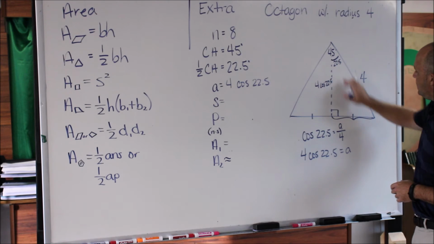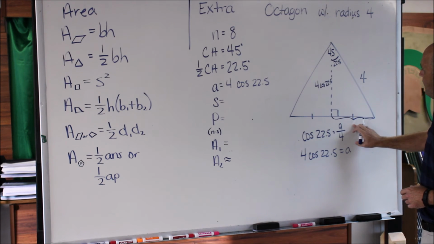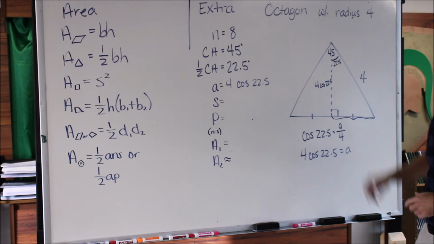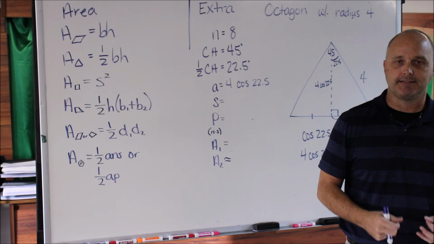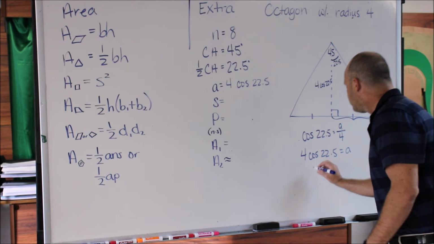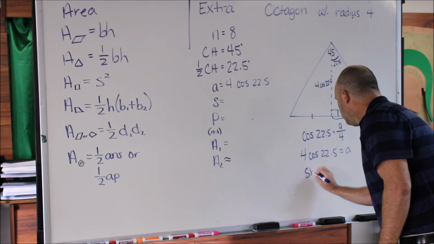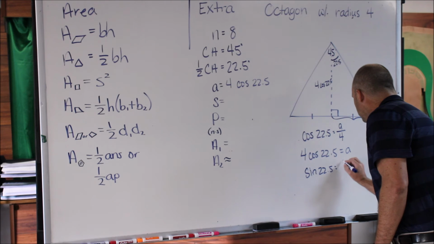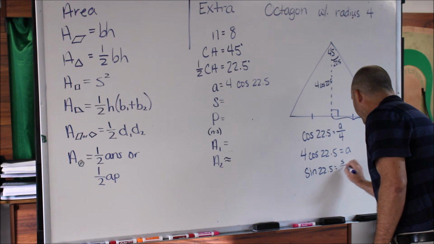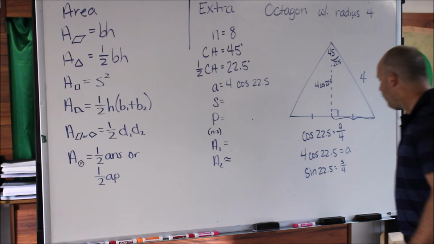So I'm looking at the opposite from 22.5 and the hypotenuse. So opposite and the hypotenuse tells me that I'm looking at sine. So it's going to be the sine of 22.5 is equal to the side over 4.